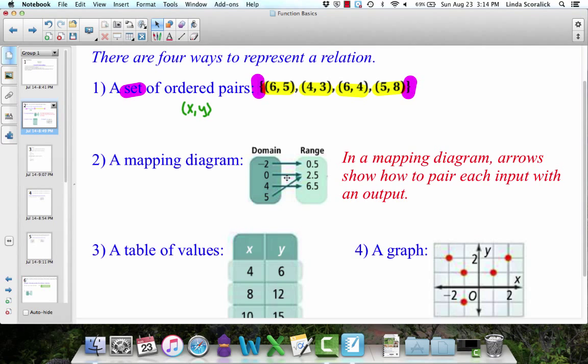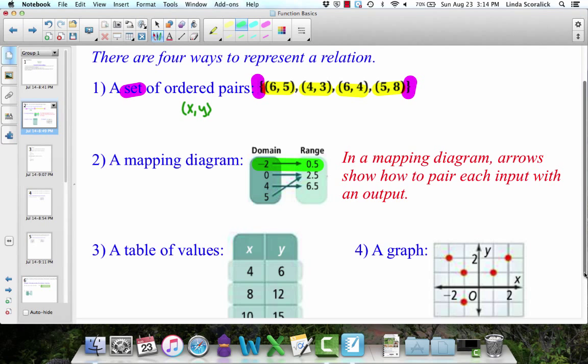So for example, if we take a look here at the top, we can see that the element of -2 from the domain is paired with the element of 1/2 from the range. The arrow points very specifically from the domain value to the range value. It's really important that when you're working with mapping diagrams, you either interpret those arrows correctly, or if you're asked to sketch a mapping diagram, that you put in those arrows correctly to pair domain to range.